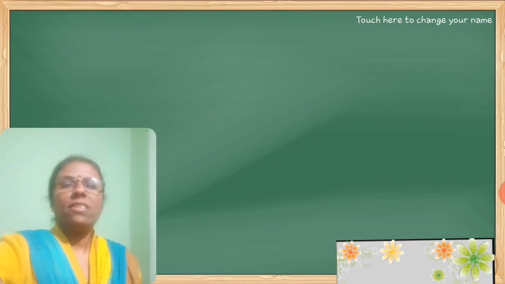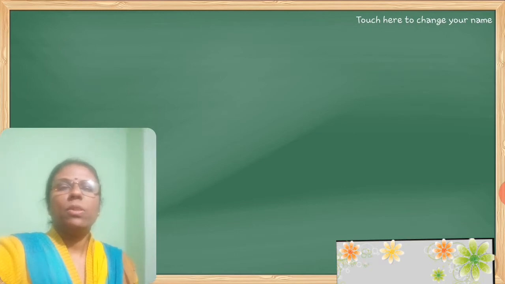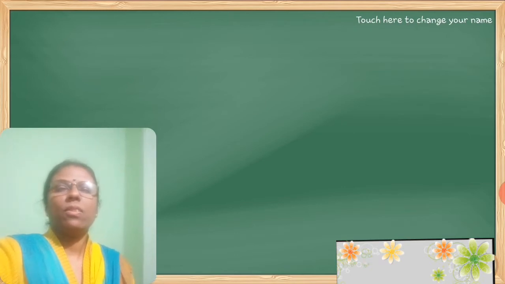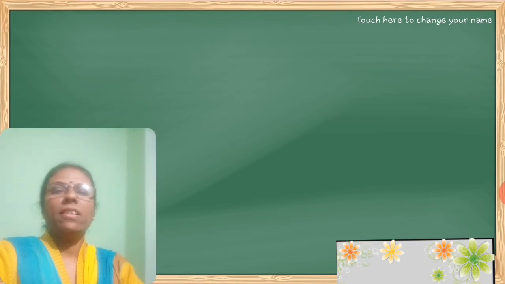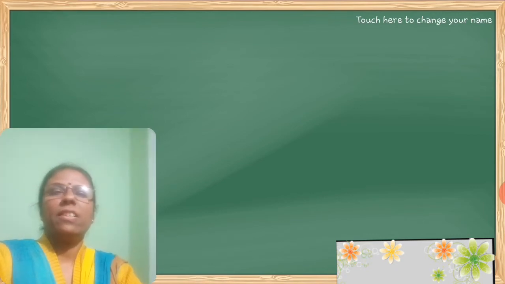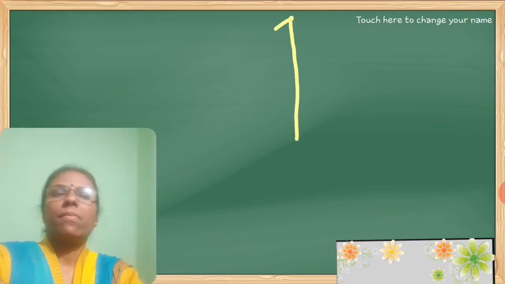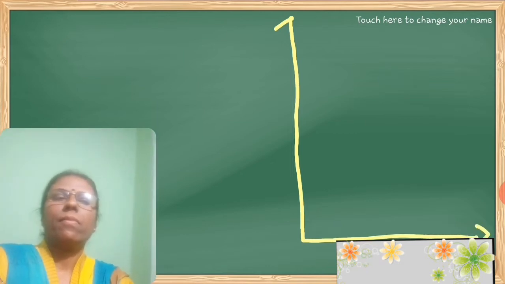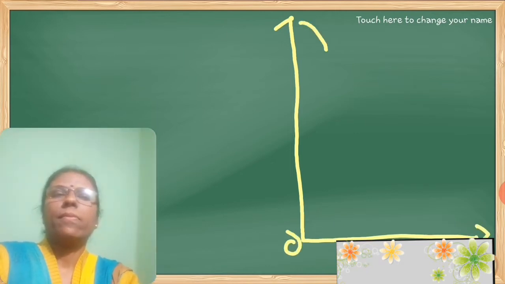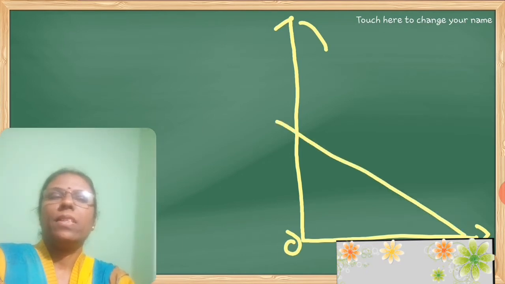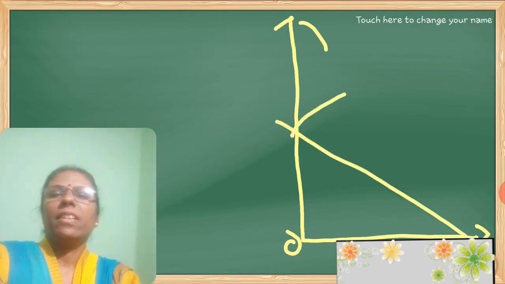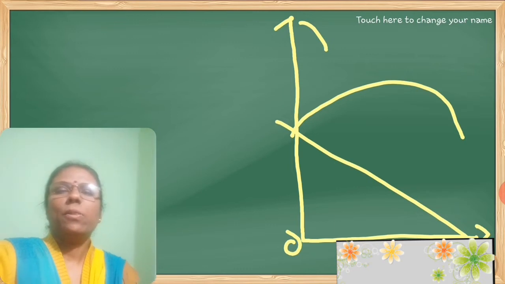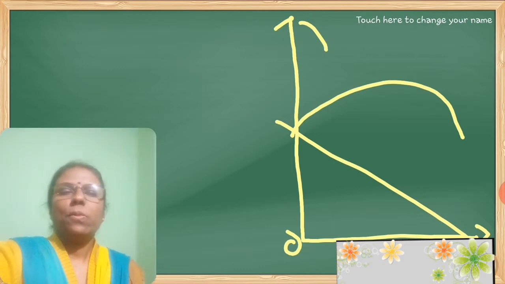Let us start the session with drawing the two curves. They are the total utility curve and the marginal utility curve. See here. This is the marginal utility curve and this is the total utility curve.